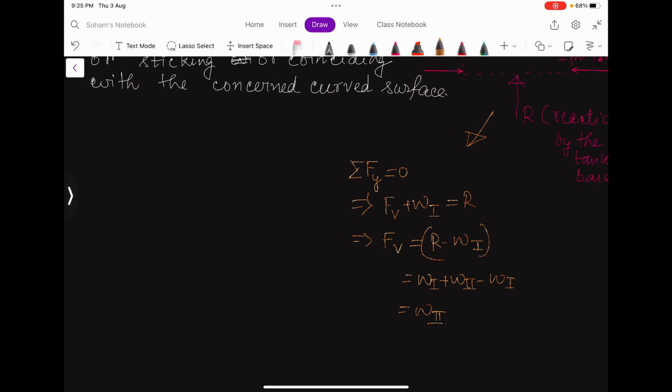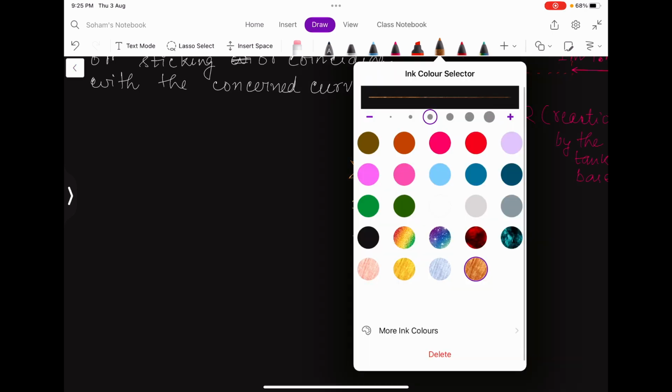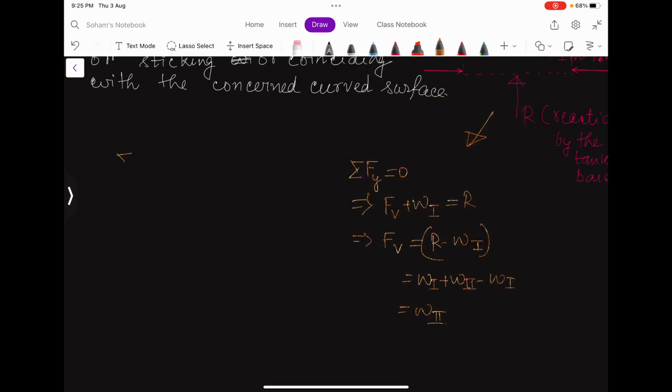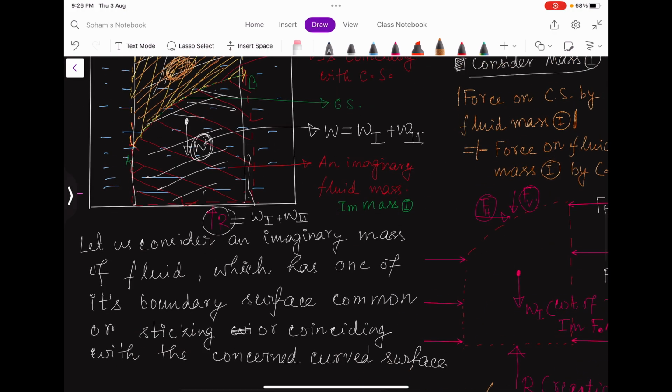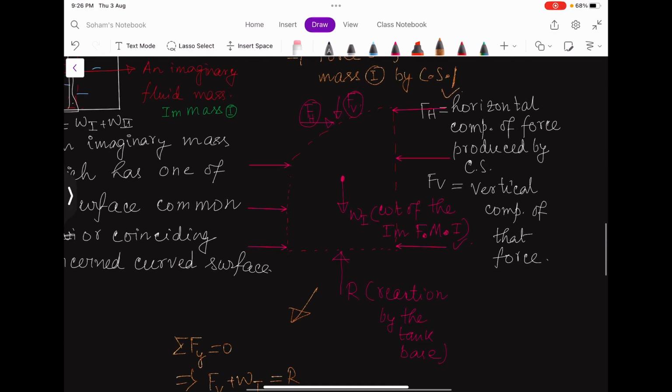Now let us go for the horizontal force balance. So that comes from summation of Fx equal to 0. Now what are the forces acting horizontally on this imaginary mass 1?